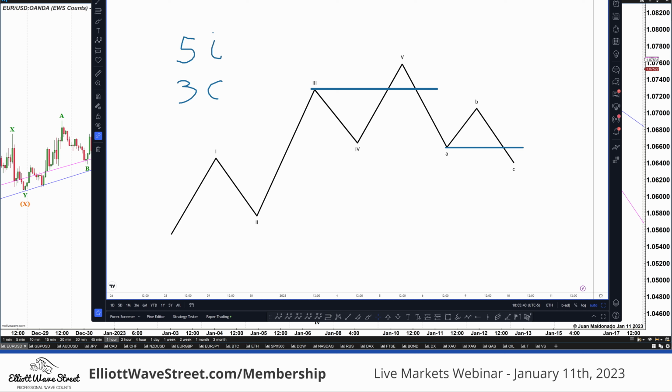Once we have the C leg happening and then the price returns above A, we can go long. As you can see, the rejection of a level at the end of the corrective or at the top of the market is what is going to give us the trades. And that's the job that we are going to do today.